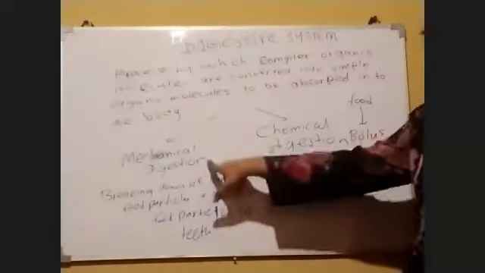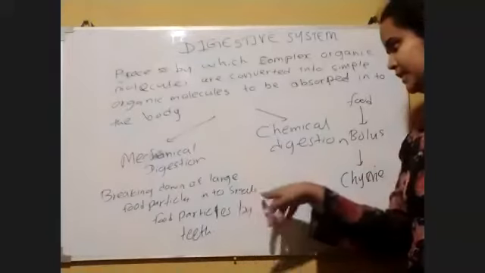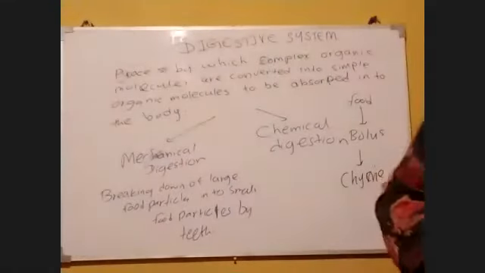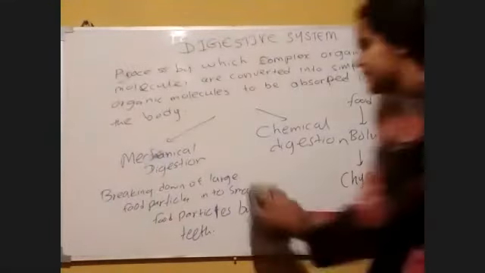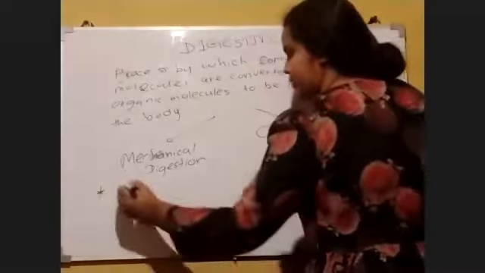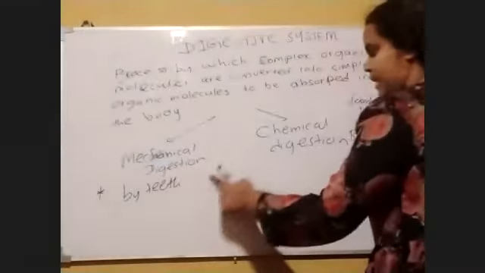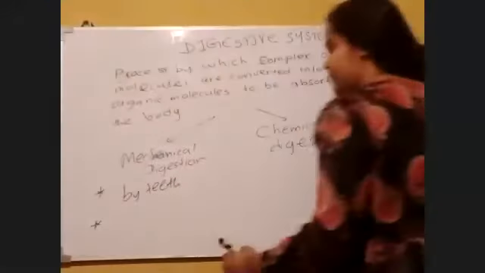So there are two examples of mechanical digestion: breaking down of large food particles into small food particles by teeth, and due to the peristaltic movement of the stomach. I'm going to write it like this here because of the lack of space. You have to write it down like this.